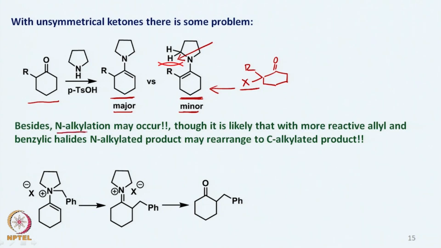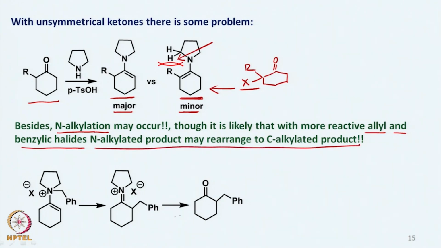Besides C-alkylation, N-alkylation also occurs, and it is possible that in cases where allylic and benzylic halides are used, the N-alkylated product may rearrange to the C-alkylated product.